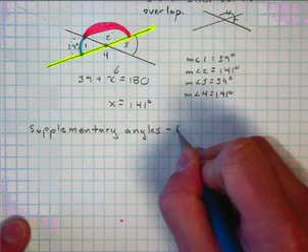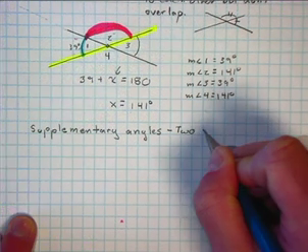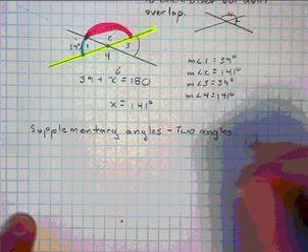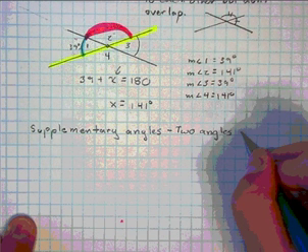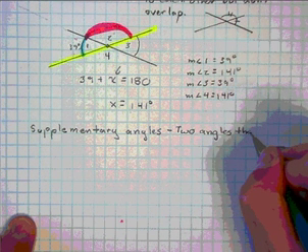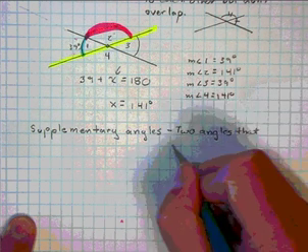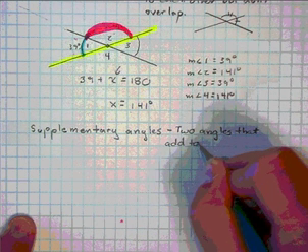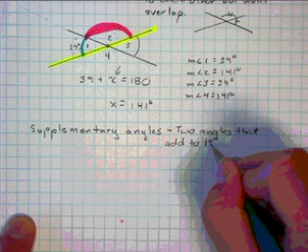Supplementary angles are two angles that add to 180 degrees.